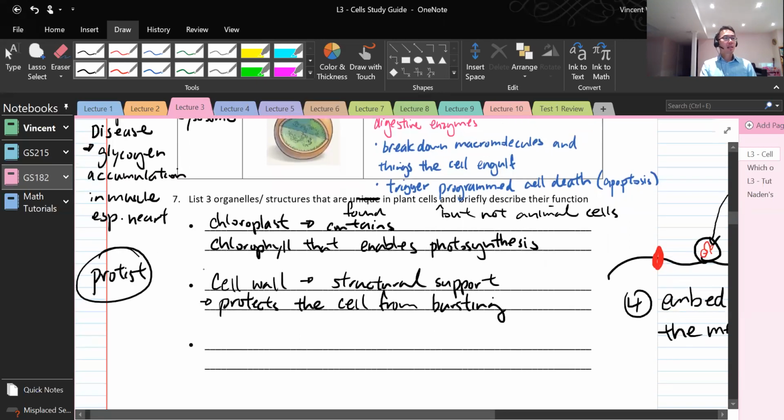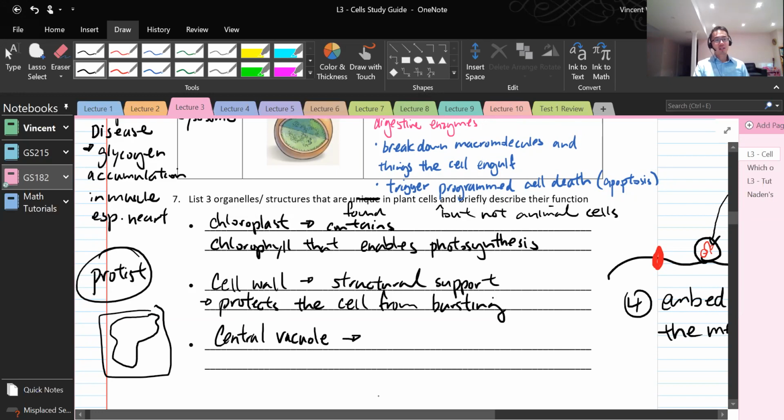Okay, and then the last one, some of you said vacuole. Yeah, so they have what's called a central vacuole. It's like this big structure in the center of the cell. If this is the plant cell, there is going to be a vacuole that takes up like 70 to 80% of its space, like a super big swimming pool in the middle. What it does is it stores water and nutrients.